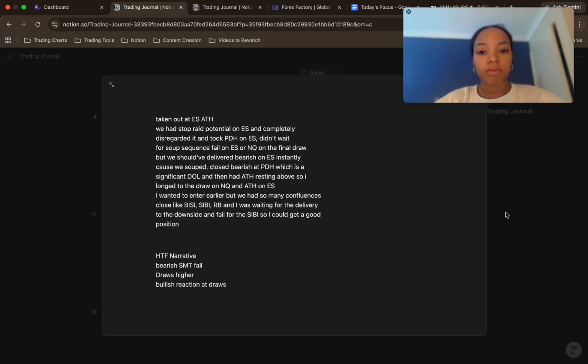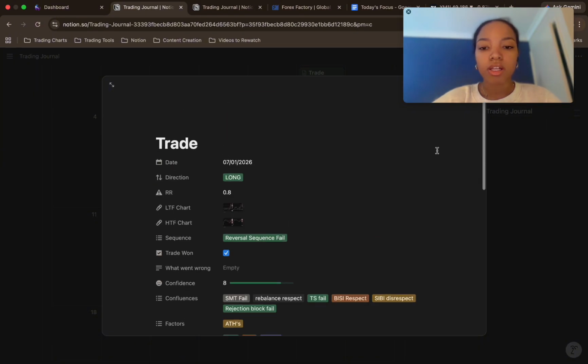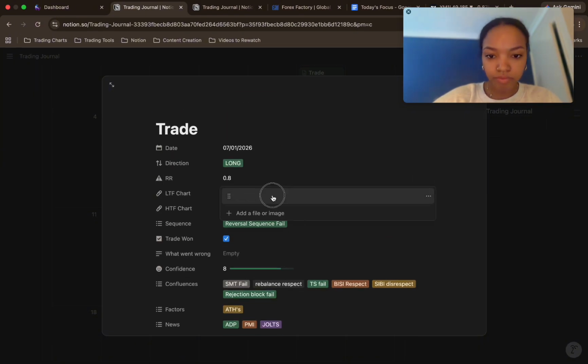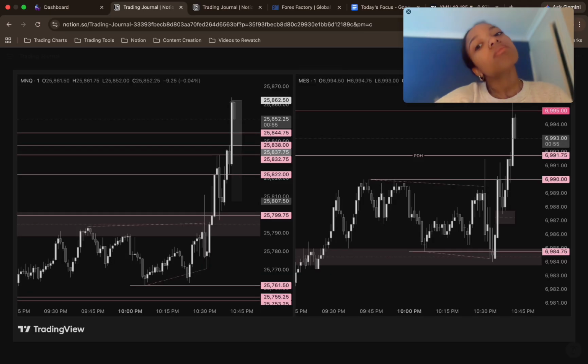I wanted to enter earlier, but we had so many confluences close, like busy CB, rejection block. I was waiting for the delivery to the downside and fell for the CB so I could get a good position. Let's have a look. Okay, this is an efficient delivery. So we closed bearish when we took previous day highs, but what we also did is we made equal highs on NQ.